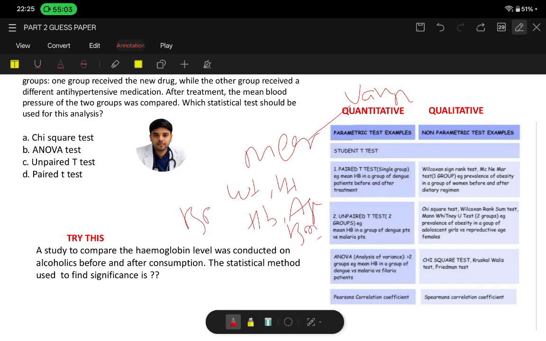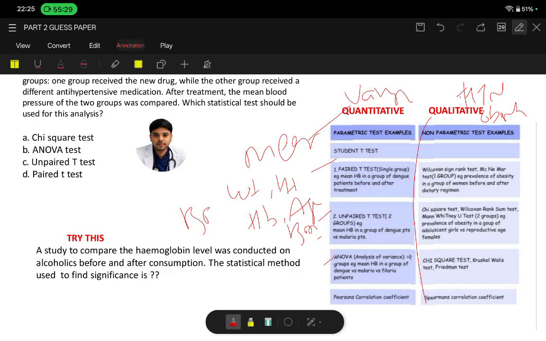Hypertension is a disease, how can we measure this one? BP we can measure. Obesity, gender, religion come under qualitative. For the quantitative, we have a total of 3 tests here: paired, unpaired, ANOVA. For qualitative, we have the chi-square test.